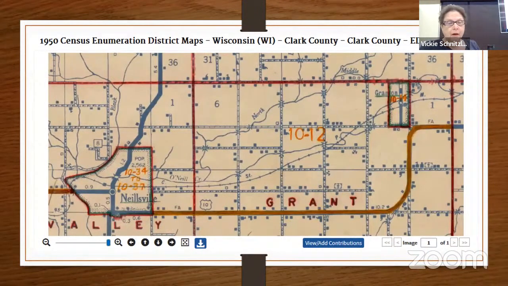Next slide. Okay, here we can see we've got Neillsville, kind of in the lower left-hand corner of your screen. Notice that in that weird shape for Neillsville, they have 10-34 to 10-37. That's 4 districts. Remember when we looked the other way, there were 6?